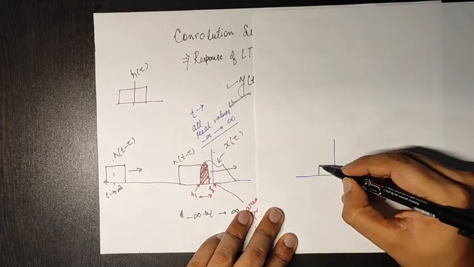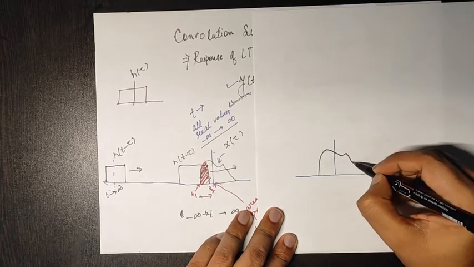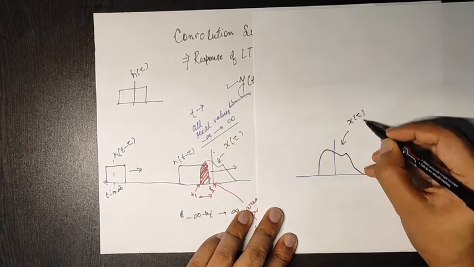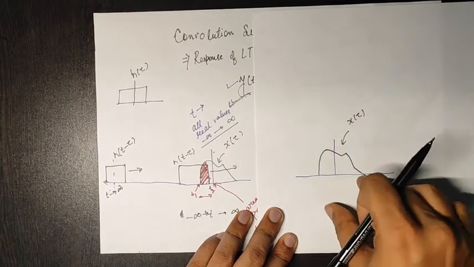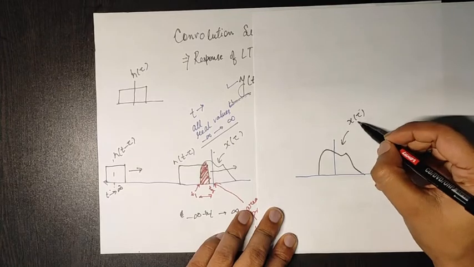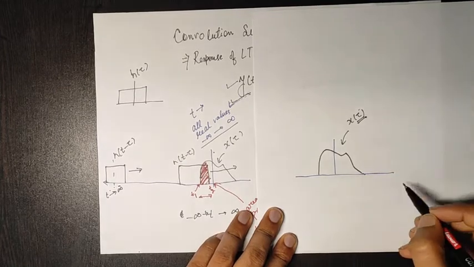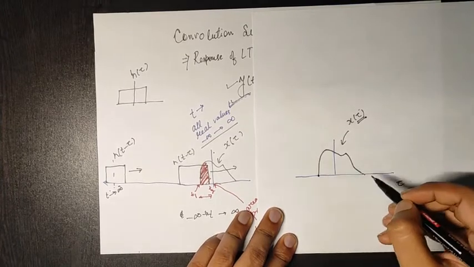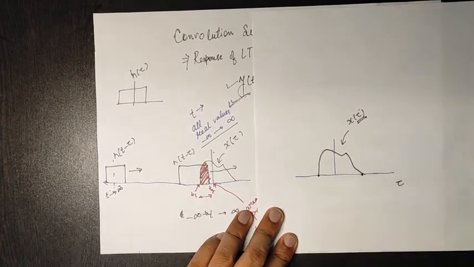Let's say this is our x of tau. Now x of tau is in the same position where it was earlier, because no shifting is taking place in the tau. So x of tau is there itself forever. Now what's happening?